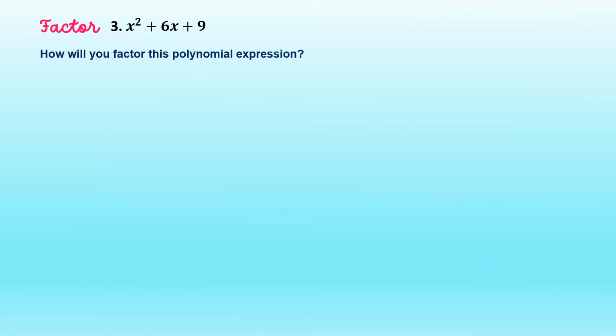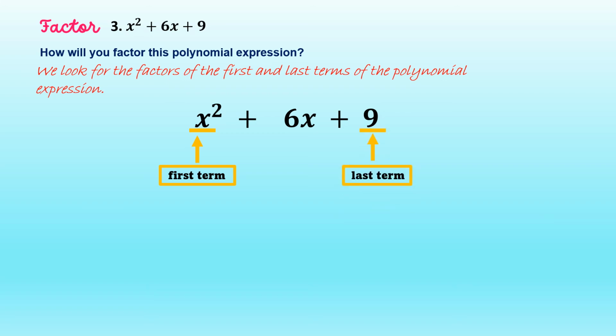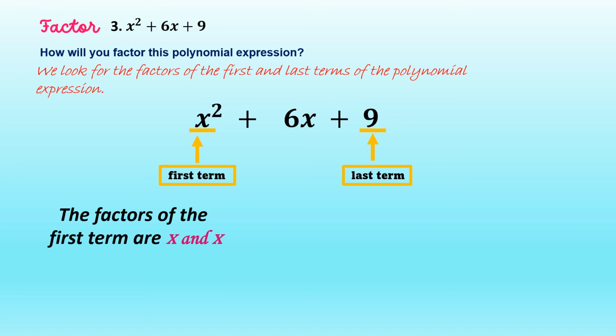How will you factor x squared plus 6x plus 9 without using the algebra tiles? Okay, we look for the factors of the first and last terms of the polynomial expression. x squared is our first term and 9 is our last term. The factors of the first term are x and x.